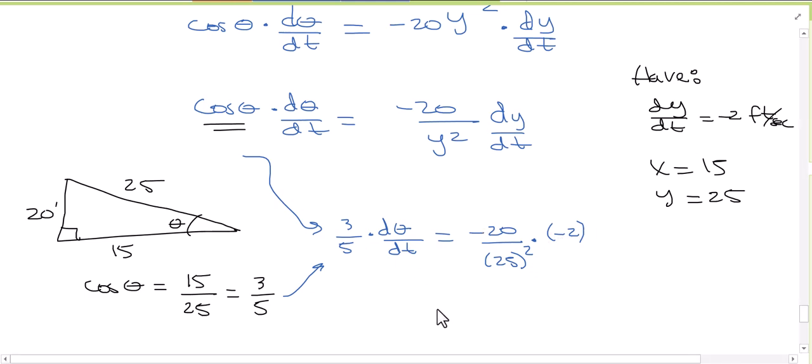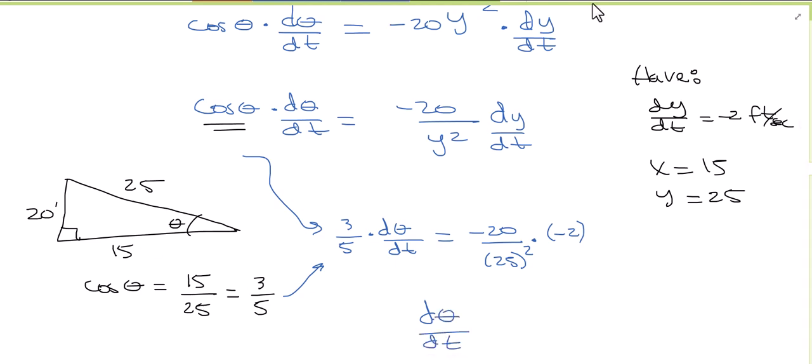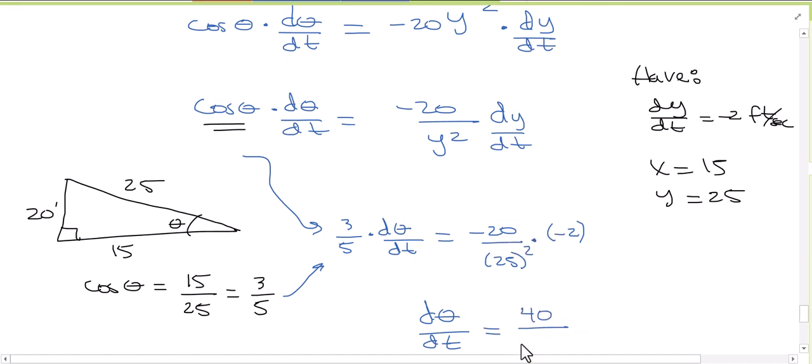So what does this become then? Multiply both sides by 5/3 to get rid of it on the left side. So I'm going to have d theta dt equals the negative 20 times negative 2, which is positive 40, over 25 squared, which is 625, times, so we said divide by 3/5, which is the same thing as multiplying both sides by 5/3.